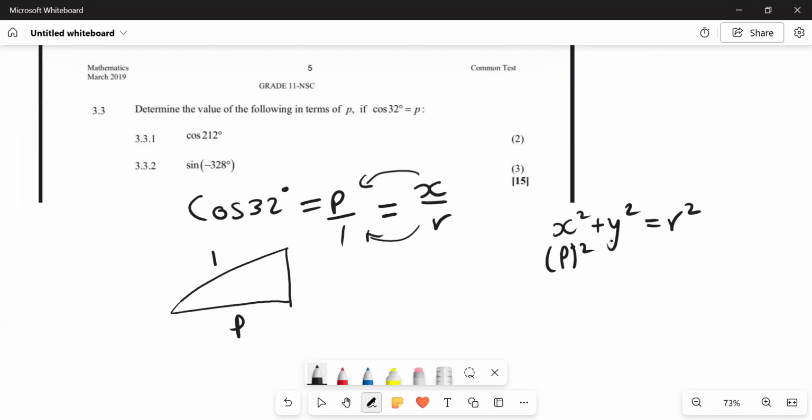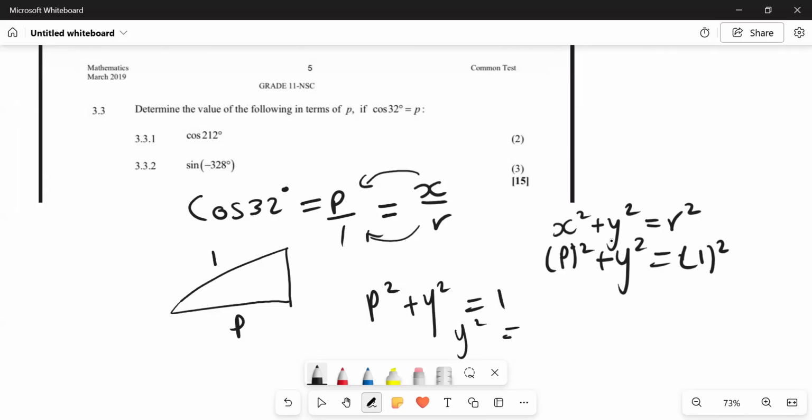We are looking for y, and your r is 1. Now, p squared plus y squared is equal to 1. Now, y squared is equal to 1 minus p squared. Square root both sides. So y is equal to the square root of 1 minus p squared.